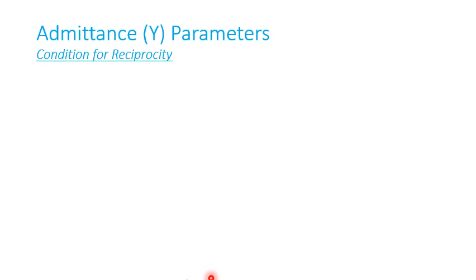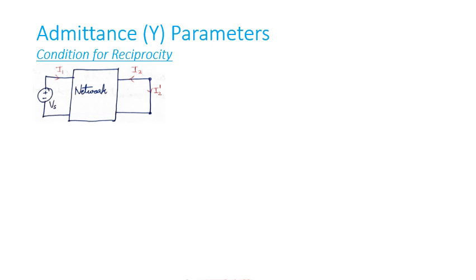Now, condition for reciprocity. Let's consider the first case where excitation is given to the first port and response is measured from the second port. Here, excitation to response ratio is Vs divided by I2 dash. Now we have to find out this ratio. From this diagram, the first port voltage V1 is equal to Vs. And from the diagram it is clear that the voltage at second port V2 is 0.